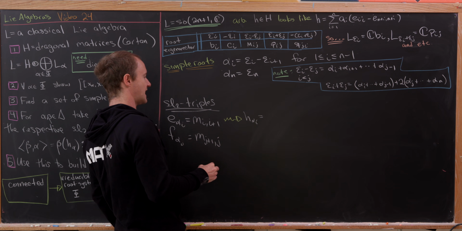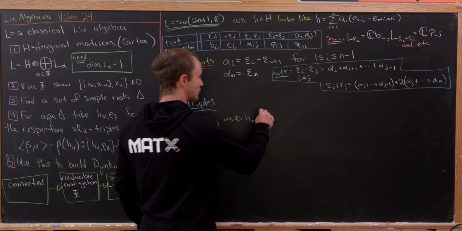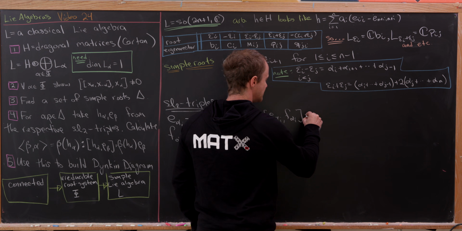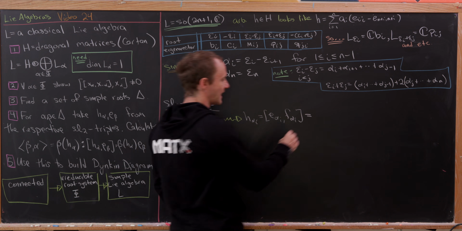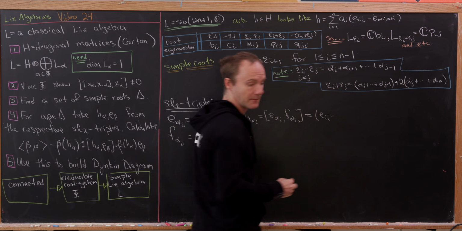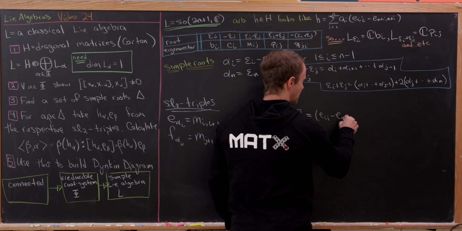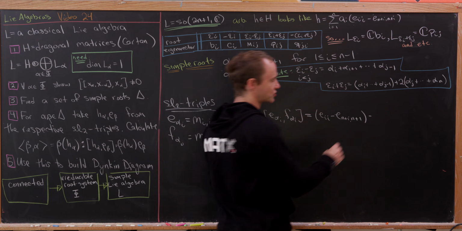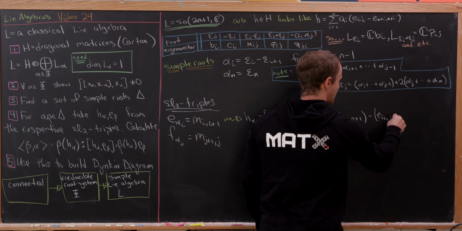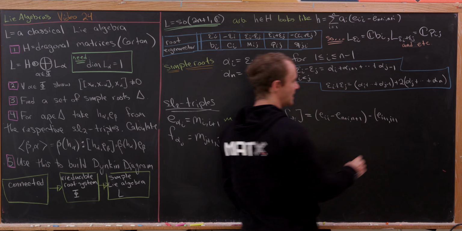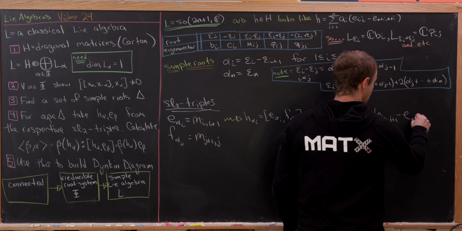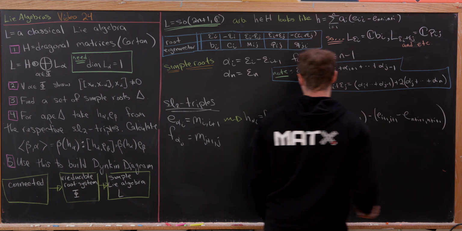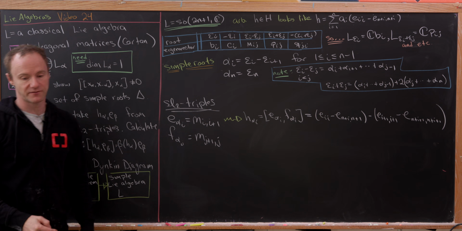We'll see that that is exactly equal to the bracket of E alpha i with F alpha i, which you can calculate and you'll see that it is E_{ii} minus E_{n+i,n+i}, and then from that we subtract E_{i+1,i+1}, and then minus E_{n+i+1,n+i+1}. So that ends up being our H alpha i.